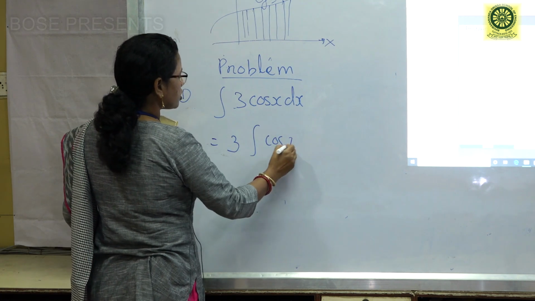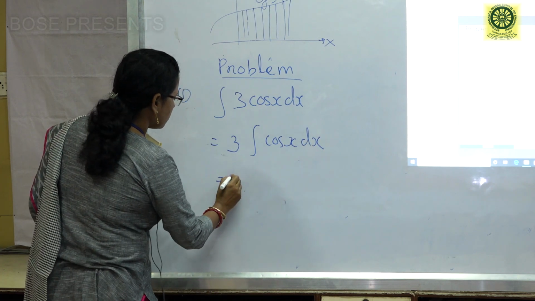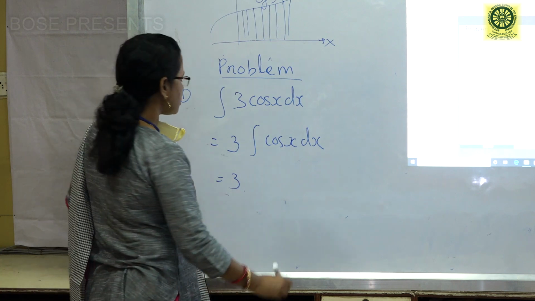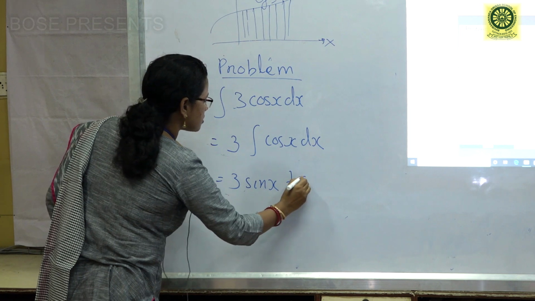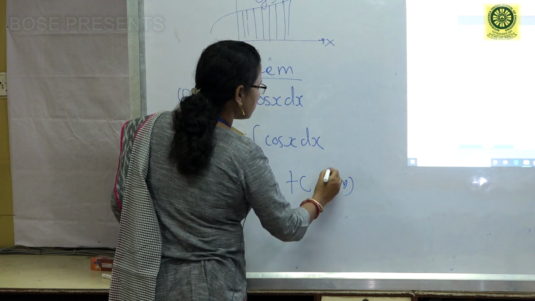So you have to just integrate cos x with respect to x. Our next line will be 3 into the integral of cos x, which is sin x, plus the integrating constant. This is your answer.